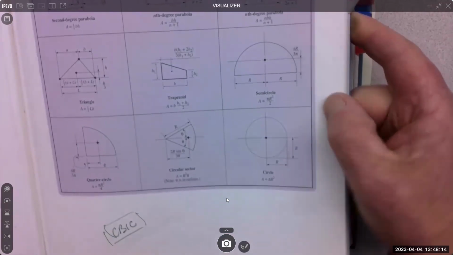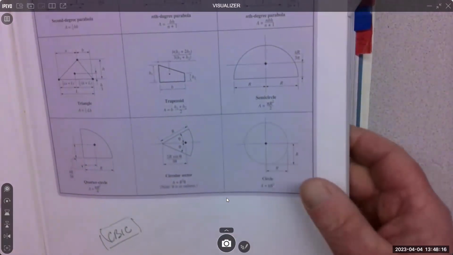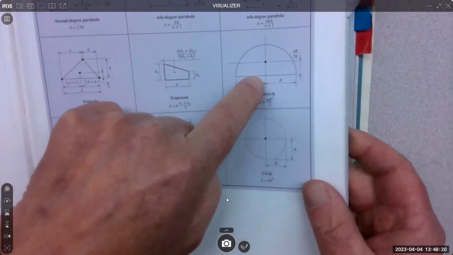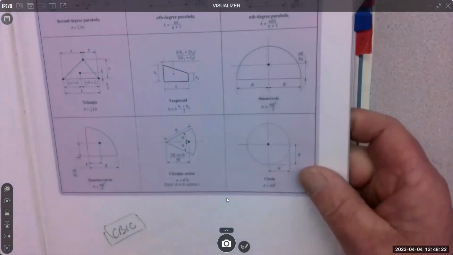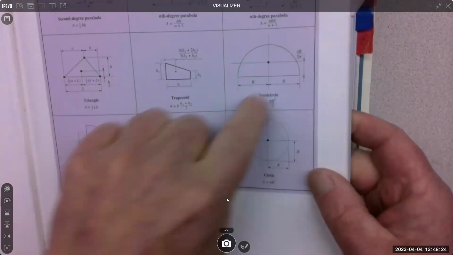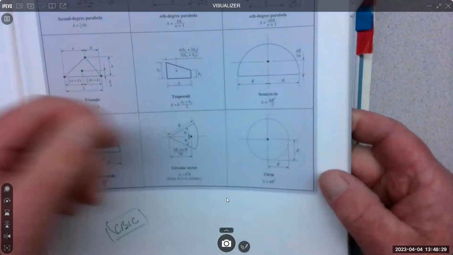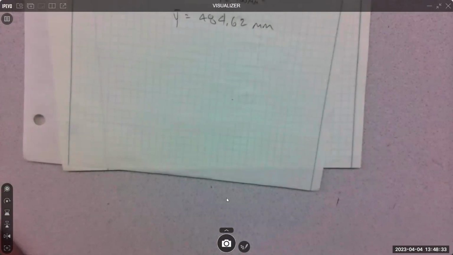Ooh, that would be tricky. Half circle is the way to go. Just remember, your half circle is not in this position. It's okay, just be careful with that. It's symmetrical in this direction, but not symmetrical in this direction, right? So think it through. 22, 25. Good.